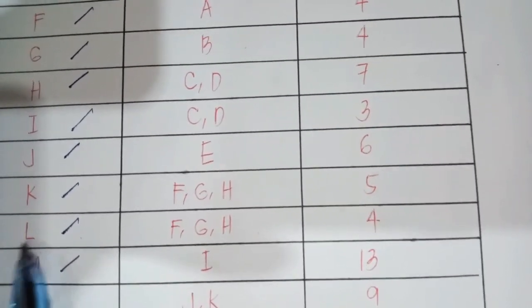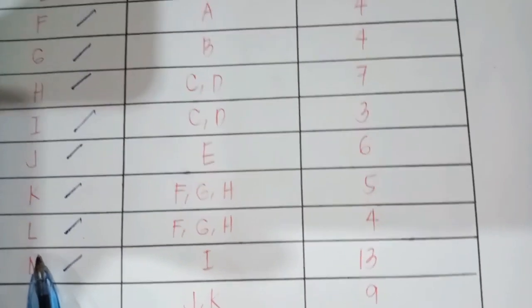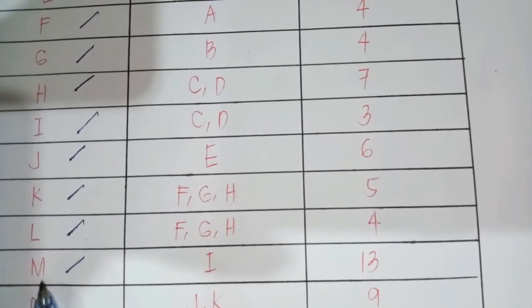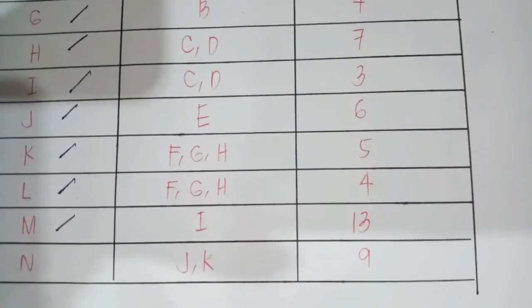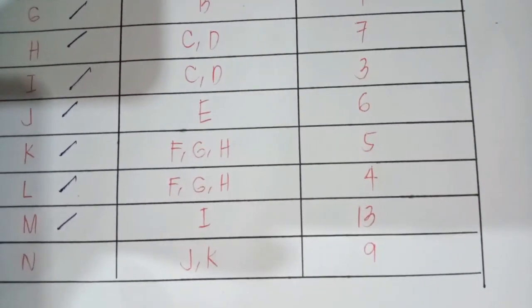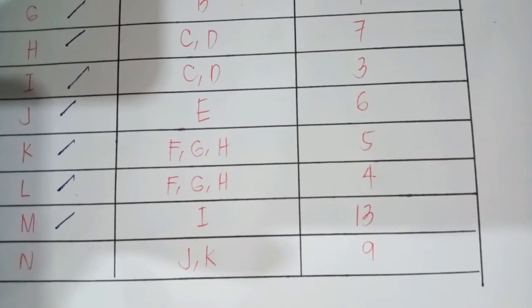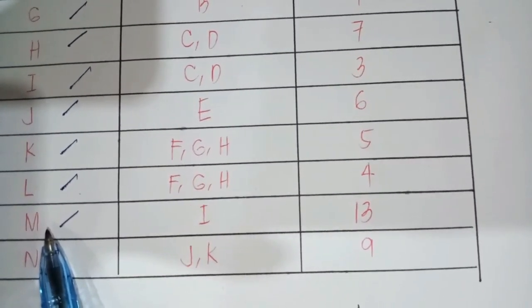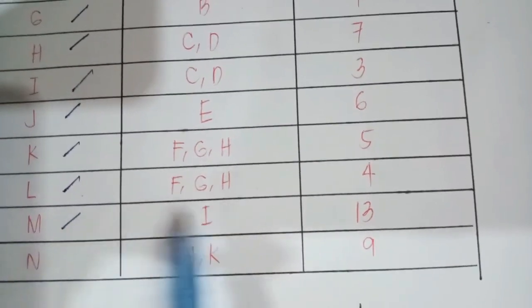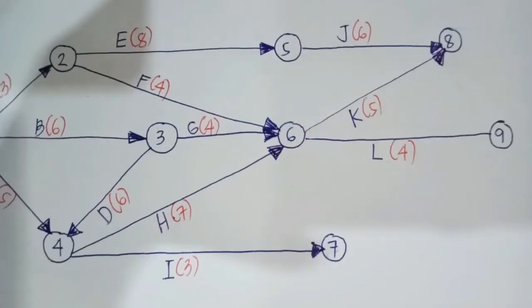We have activity M. And like I said earlier, we need to see to it if M is an immediate predecessor of any other activity. Now, as you can see a little below, it is not. Now, that being said, M is an independent activity and it starts where I ends.